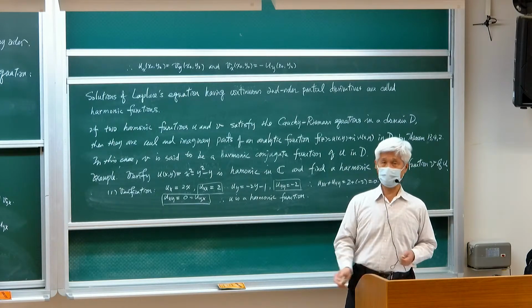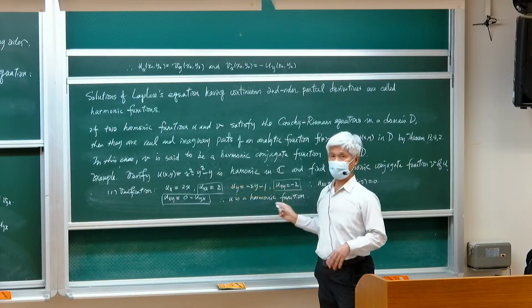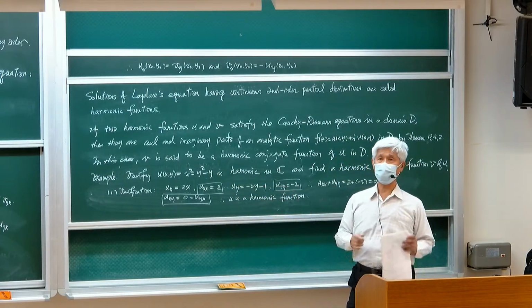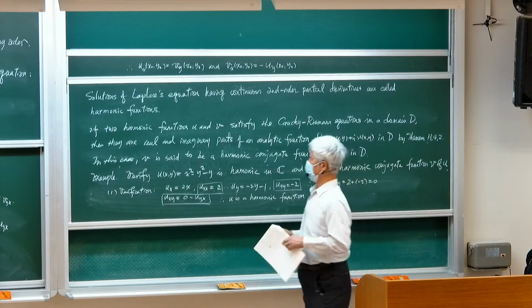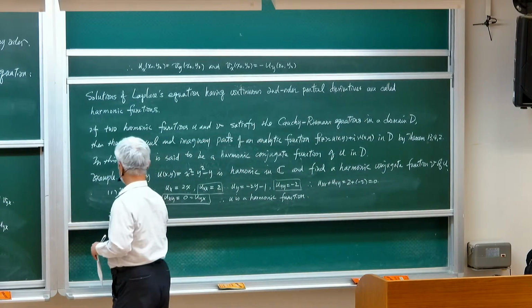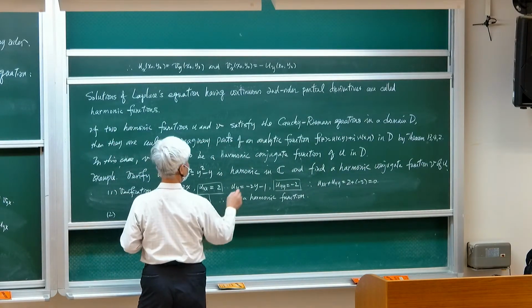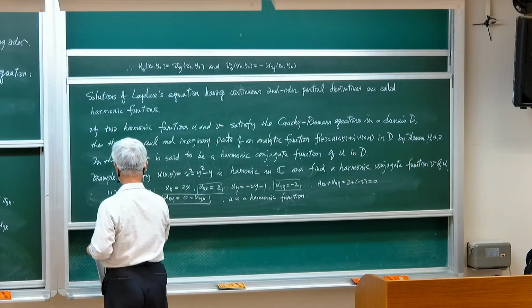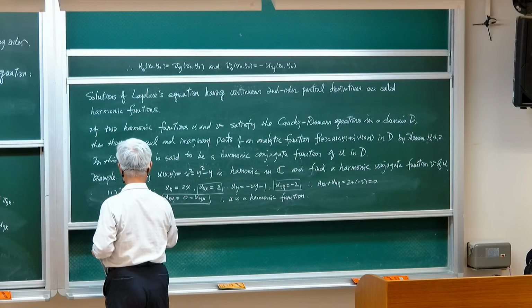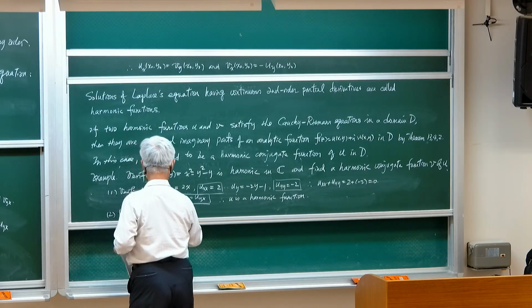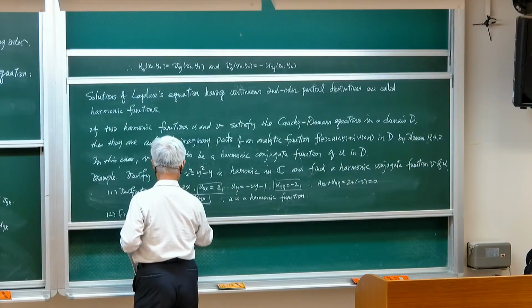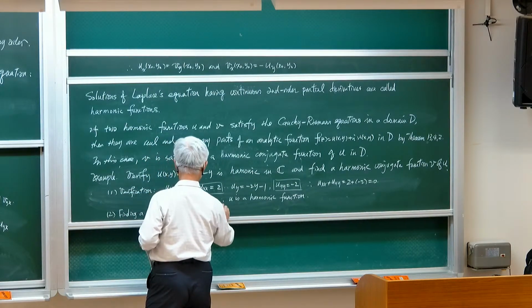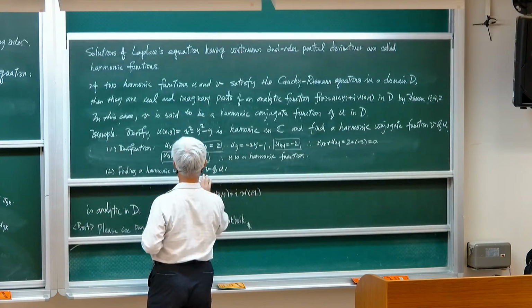We just write down the formula here. And the second part is finding the harmonic conjugate v of u.